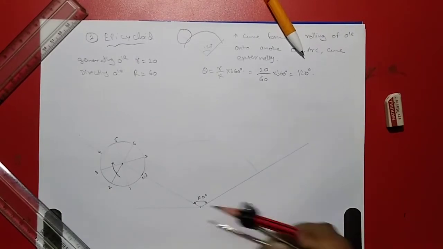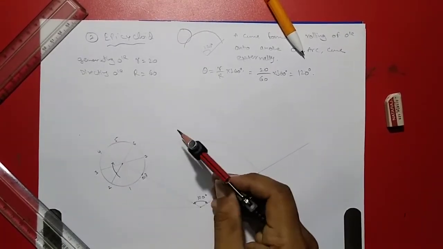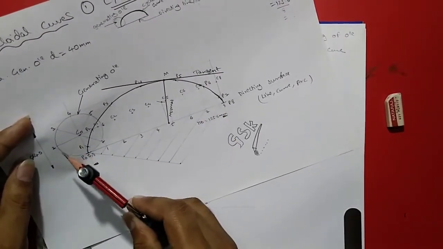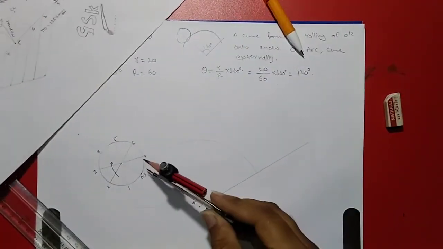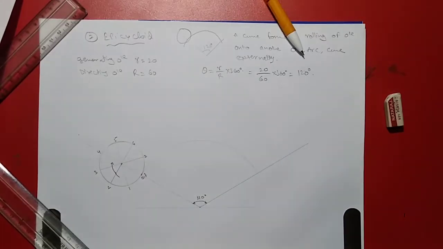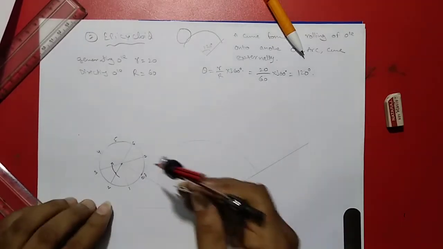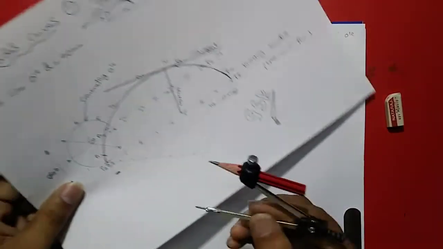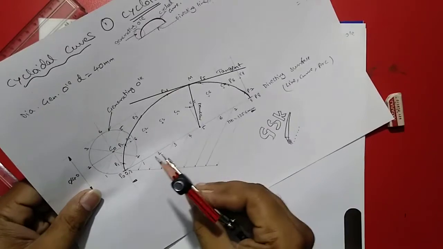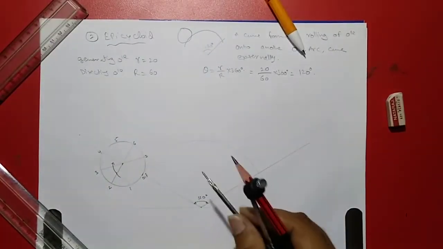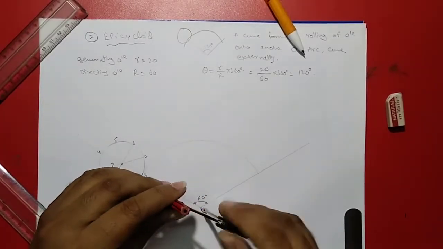Previously we drew the locus lines from each and every point, as you can see in the cycloid. So we'll repeat the same locus line generation from each and every sector of the circle. But because our directing surface is an arc, we'll follow the same path as the directing surface. Because the directing surface was flat, we drew flat straight lines. Here it is curved, so we'll follow the same thing.